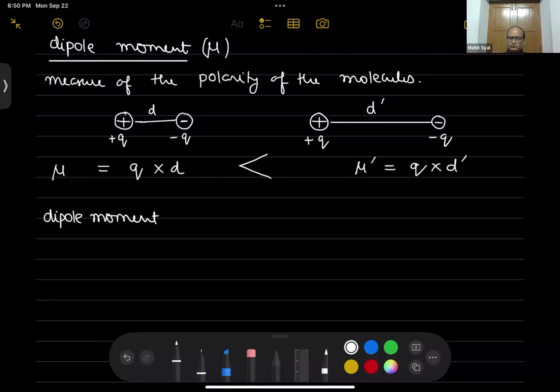Okay. What do you mean by vector? Vector quantity means it has a direction.